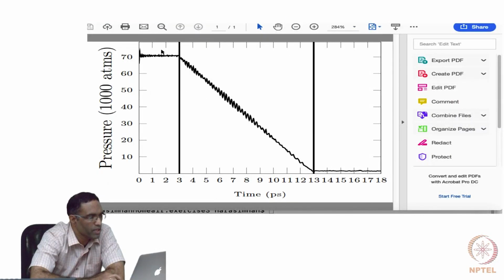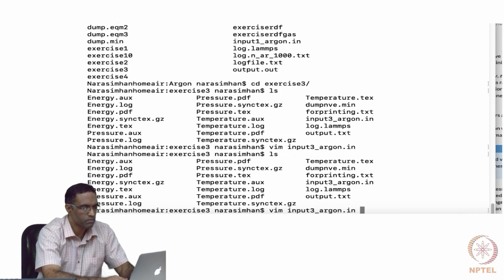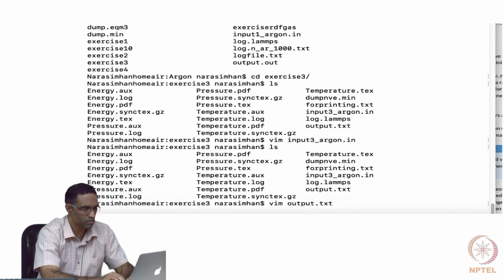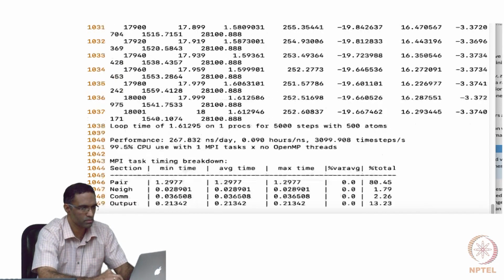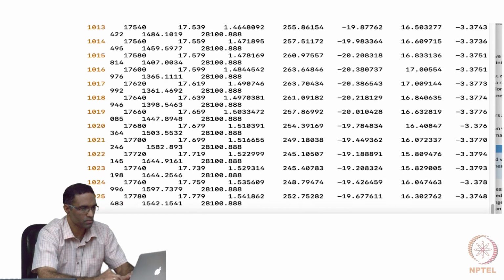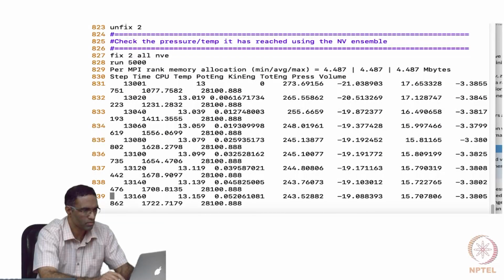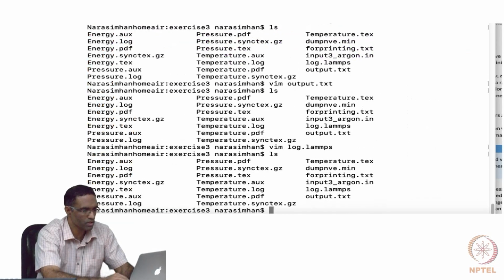You see it was 70 and then it has come down and reached some specific value. I really don't know if it is 1, but it's possible that it is 1. It's not really 1 yet. Yeah, so that's the way you check if your system has reached equilibrium.